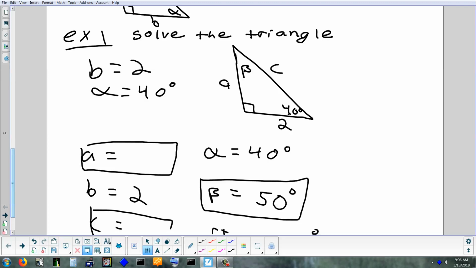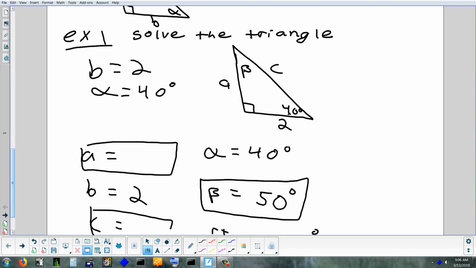But that is going to be important for something we do in a couple weeks. So hang on to that thought. Anyone have any other thoughts about which angle I would pick? Because you can pick either one and do this problem correctly.